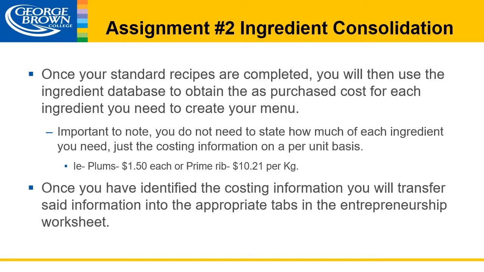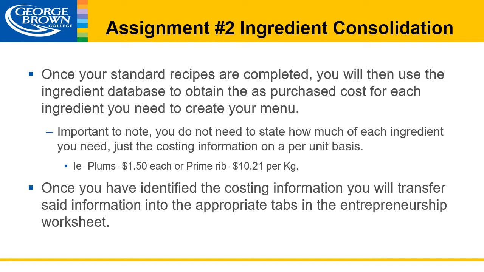So this is where the ingredient consolidation comes in. Once you've completed your standard recipes and you've standardized each of the recipes that is on your menu, you're then going to use an ingredient database that's posted to Blackboard to find the as purchased costs for each of the ingredients you need to create your menu. Okay, so basically if you need plums, you go to the ingredient database, which is basically just a giant list of ingredients.